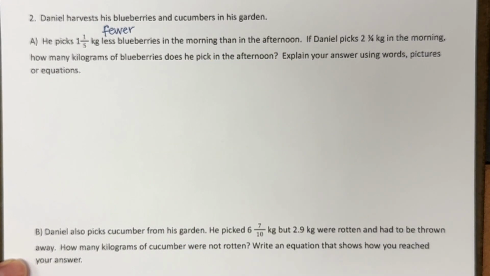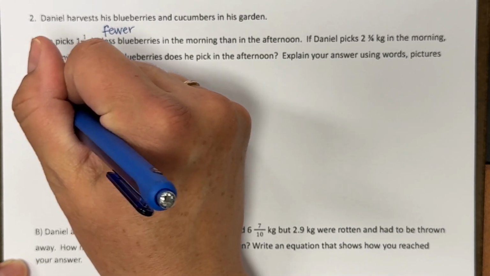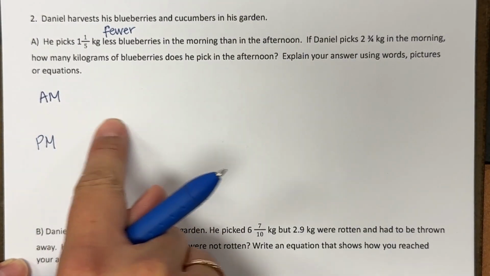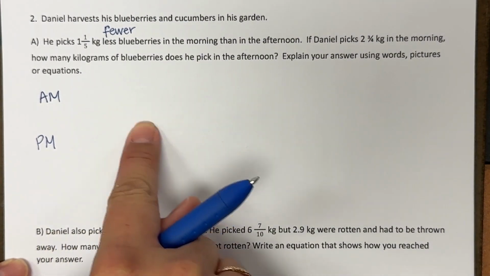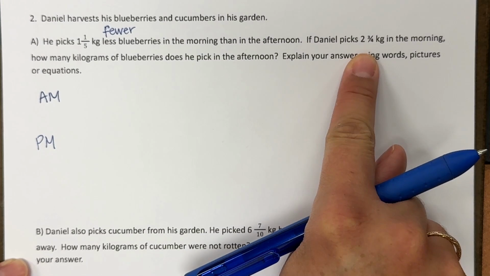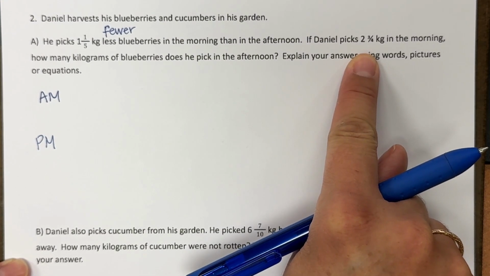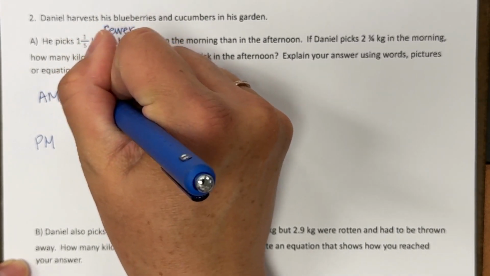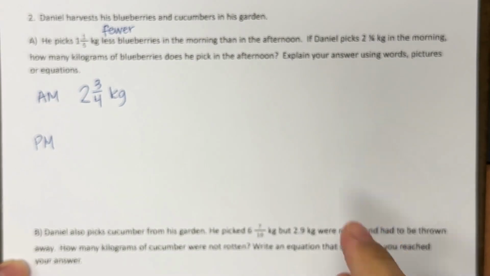Okay, so if there's fewer in the morning, then I'm going to do AM and PM. So the morning number should be less than the afternoon. It says he picks 2 3/4 kilograms in the morning.